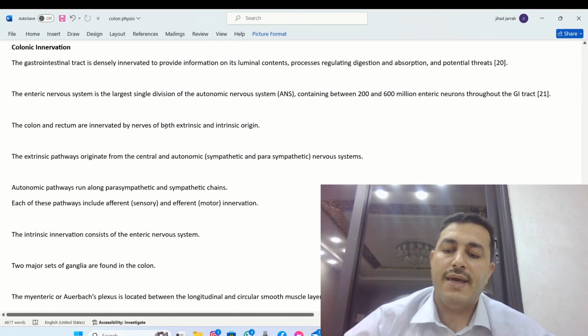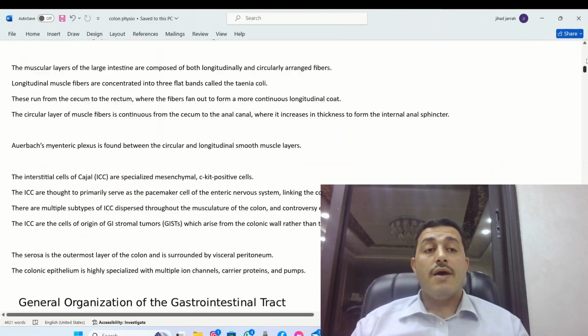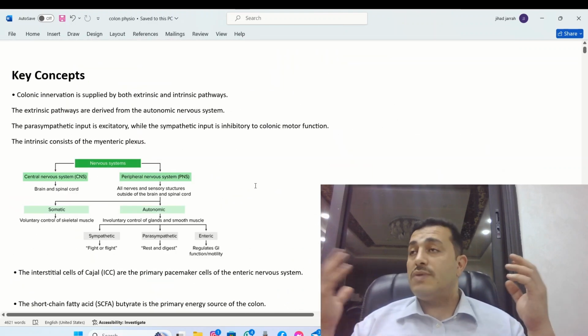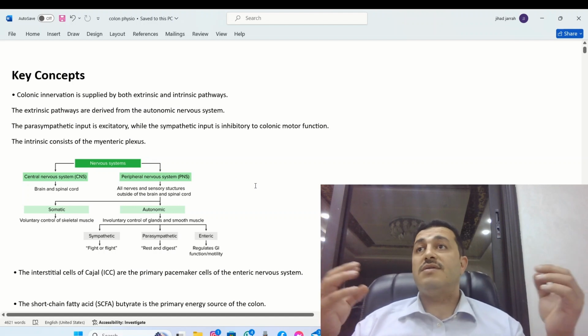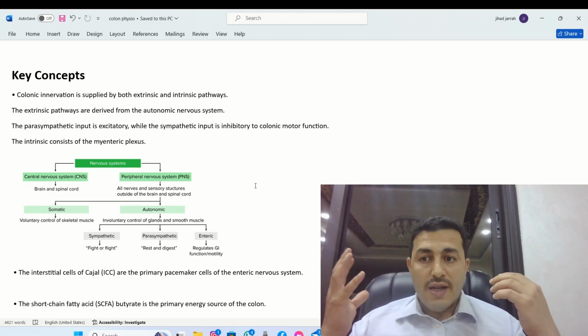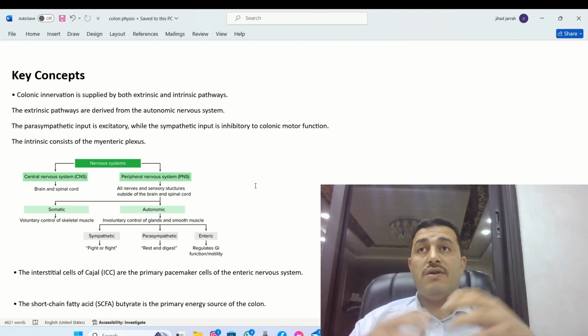Colonic innervation. We previously discussed this at the beginning of this lecture, and we said that the nervous system is divided into central and peripheral nervous system, and the central nervous system plays a role in colonic innervation.